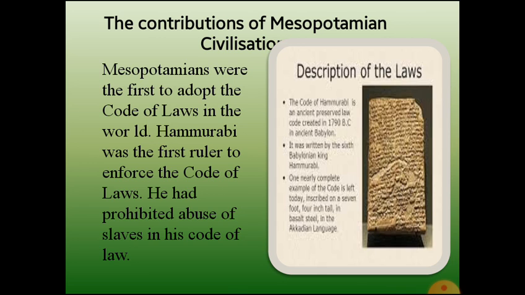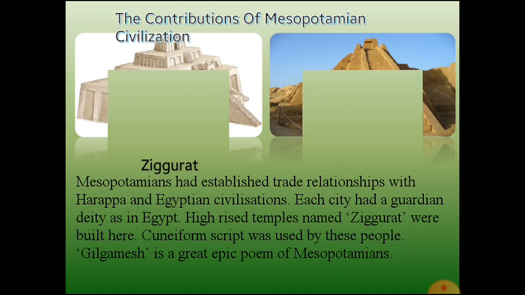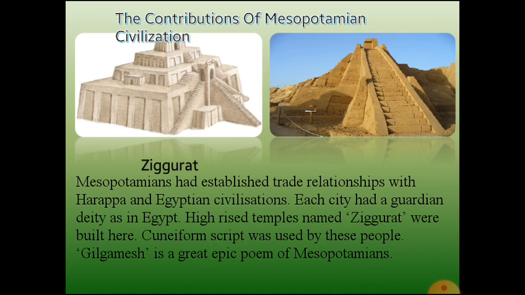Gilgamesh is a great epic poem of the Mesopotamians, and here you can see the ziggurat or the temples. Among the contributions of the Mesopotamians, we can see the ziggurats, whose other name is temples.